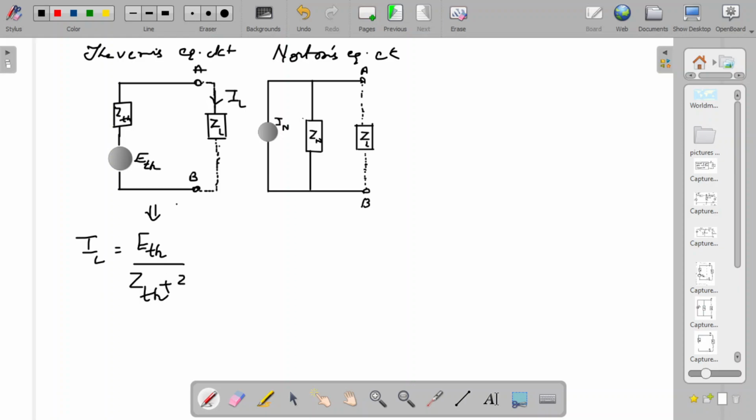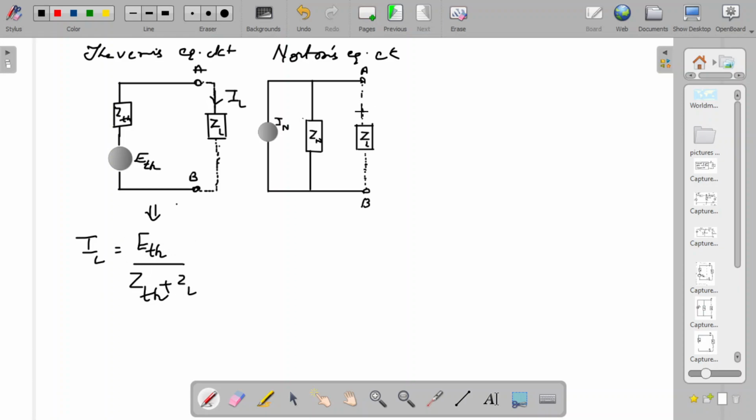You can simply find it from the circuit. The voltage divided by the total resistance will give you the current. So here the voltage is ETH divided by ZTH plus ZL.